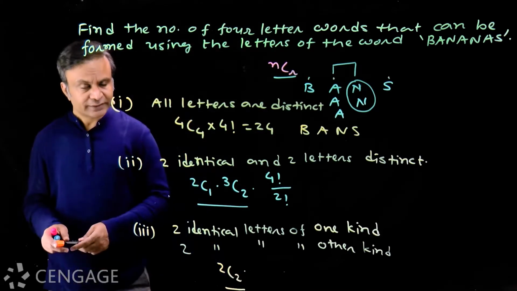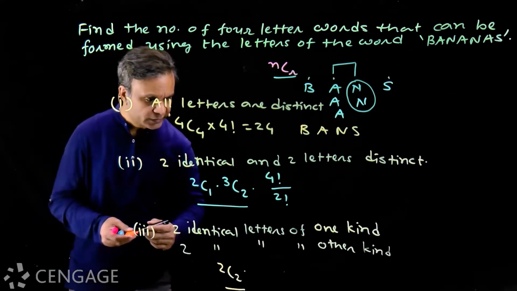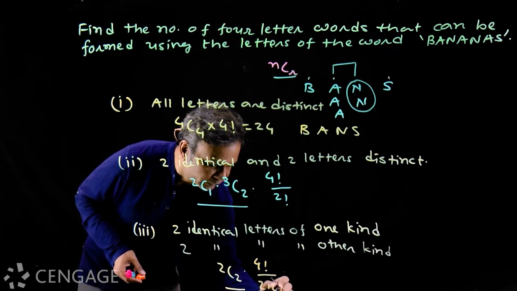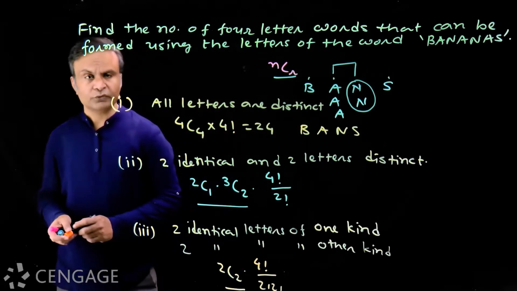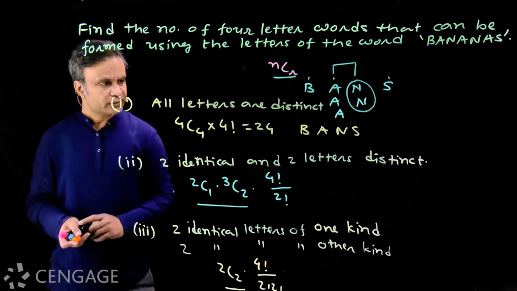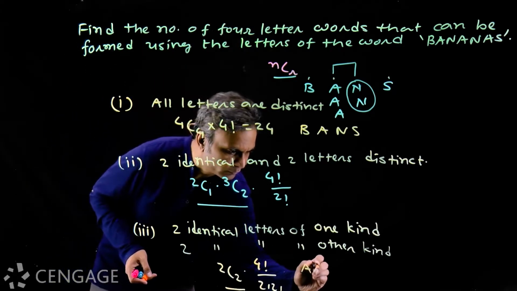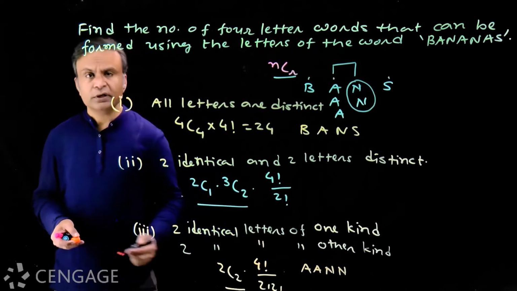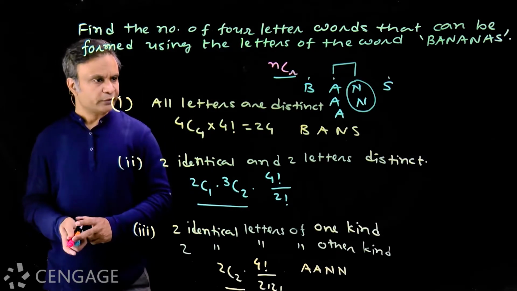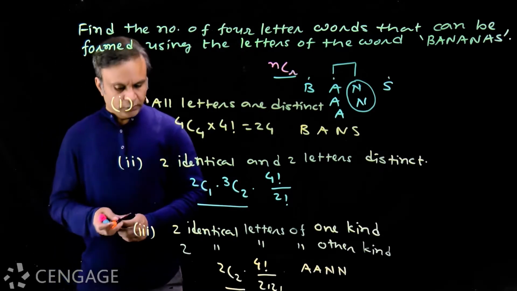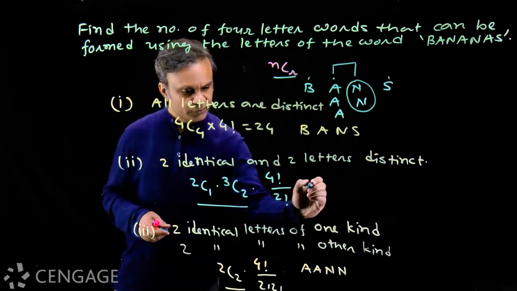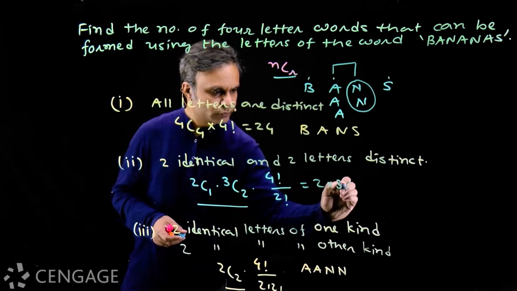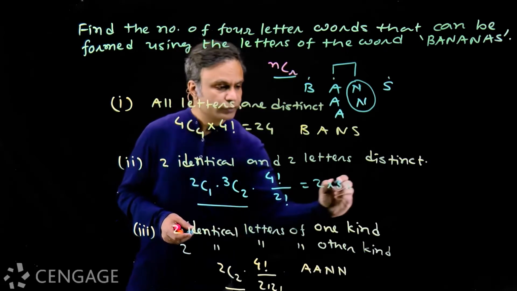How can we arrange these 4 letters? We can arrange in 4 factorial divided by 2 factorial ways. ठीक है ना? 4 लेटर्स हैं, डबल ए, डबल एन, तो अरेंज करने के वेज क्या होंगे? 4 फैक्टोरियल अपॉन 2 फैक्टोरियल, 2 फैक्टोरियल. Now this value: 2C1 is 2, 3C2 is 3, 24 upon 2 is 12.